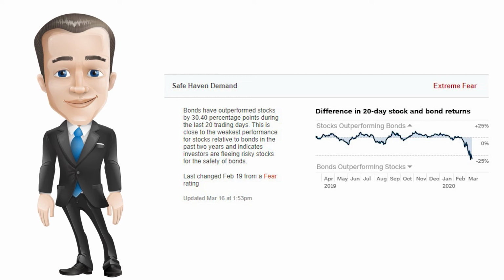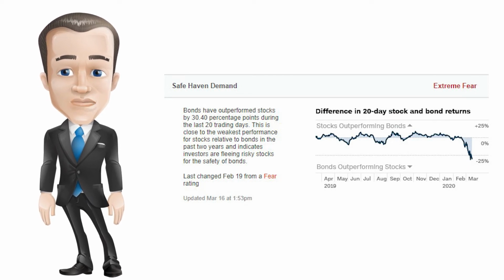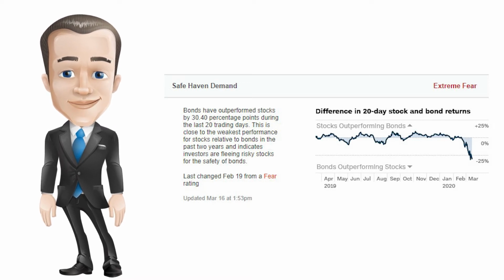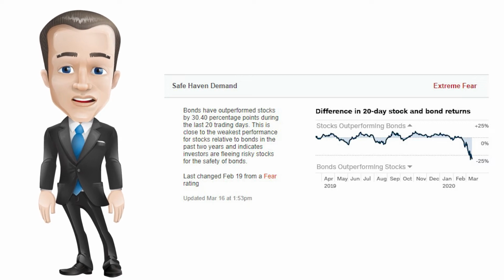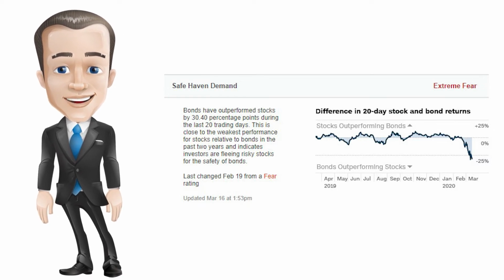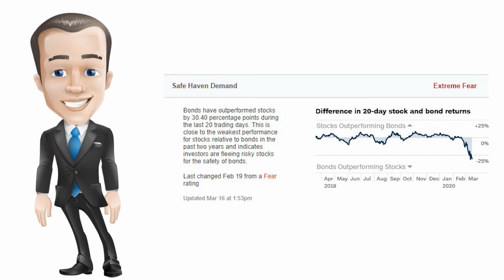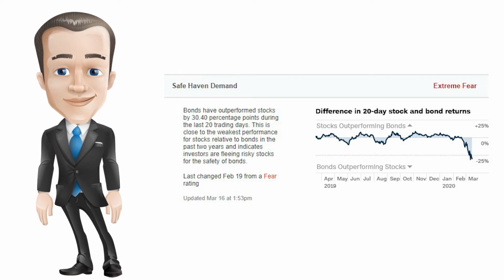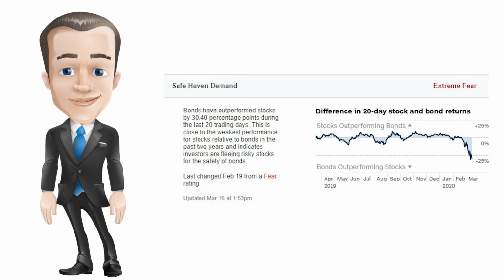Specifically, I want to take a look at the Safe Haven Demand Index in March 2020, when their number was at extreme fear of minus 25%, and it had never seen that. So again, this indicator calculates the difference between returns for stocks versus returns for treasuries. Over the last 20 trading days, bonds have outperformed stocks by 30.4% points.